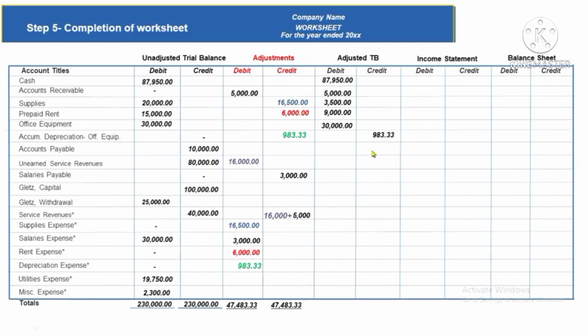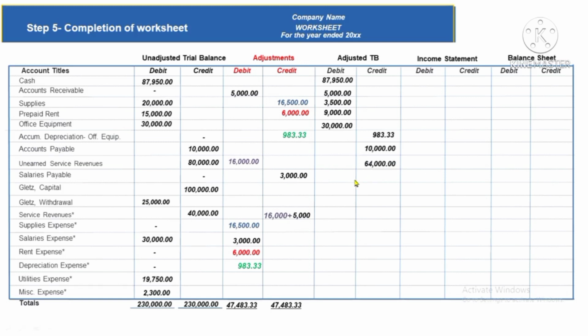We just need to copy also the accounts payable of 10,000, but on the unearned service revenues, we need to deduct the 16,000 debit adjustment from the 80,000 because again, they are opposite. And we have 64,000 credit.